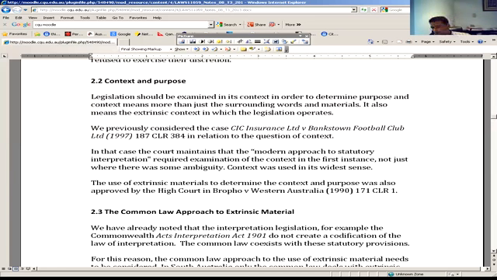Context and purpose is the next heading. Obviously, it's very important to consider legislation in a specific context.